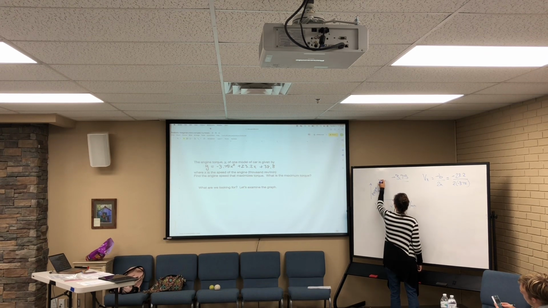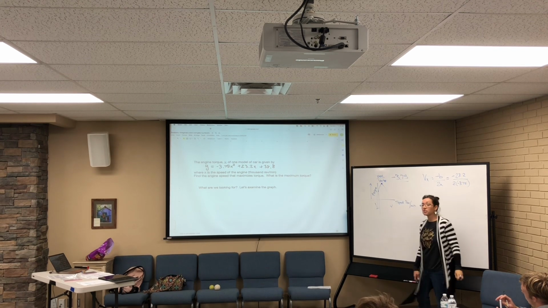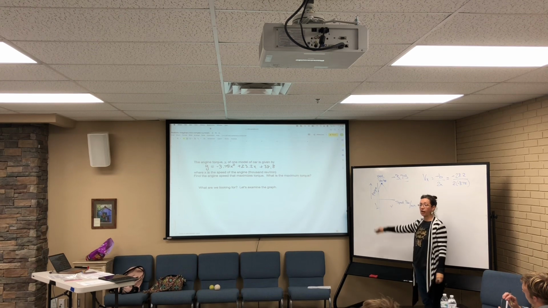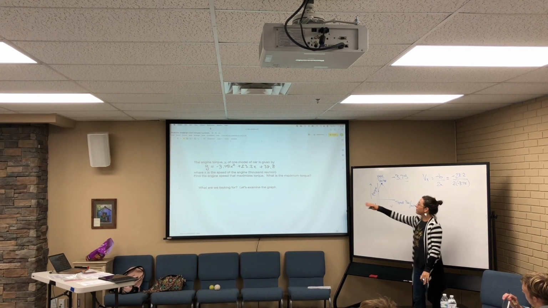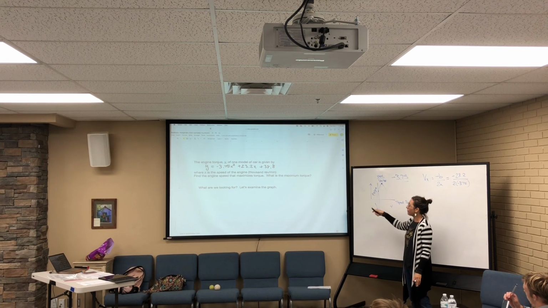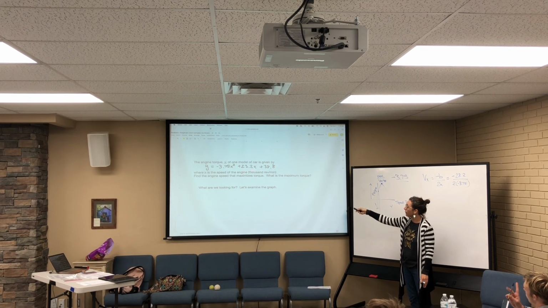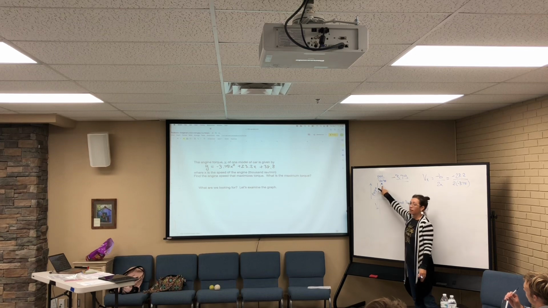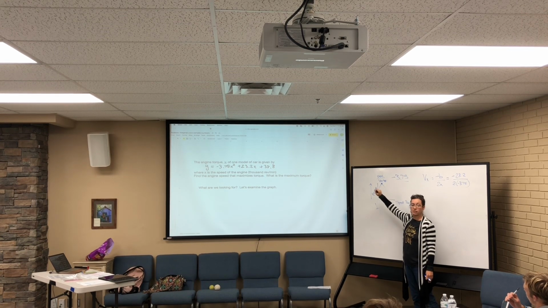The vertex is my maximum, right? That is going to be the highest value on that entire graph. So if they've given me this equation, which equates to a parabola, and they're asking me to maximize something, the maximum value will always be found at your vertex.